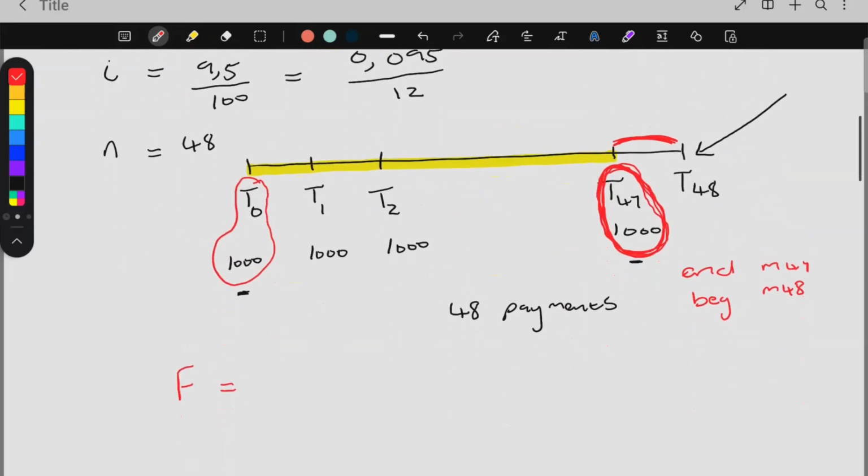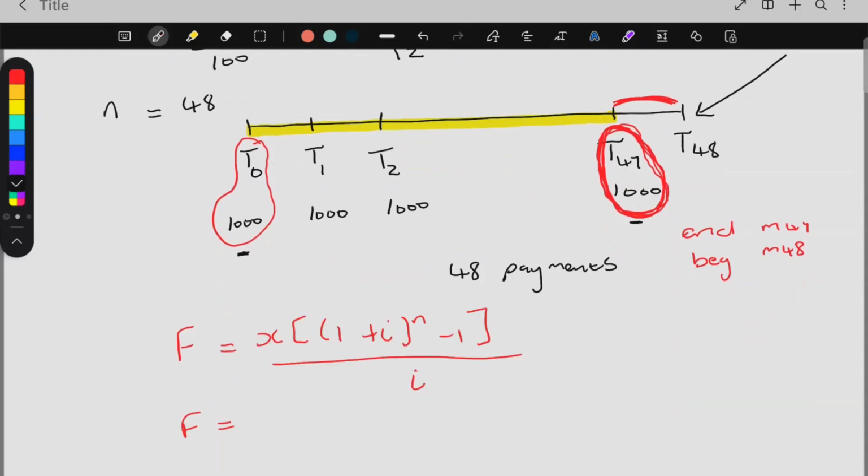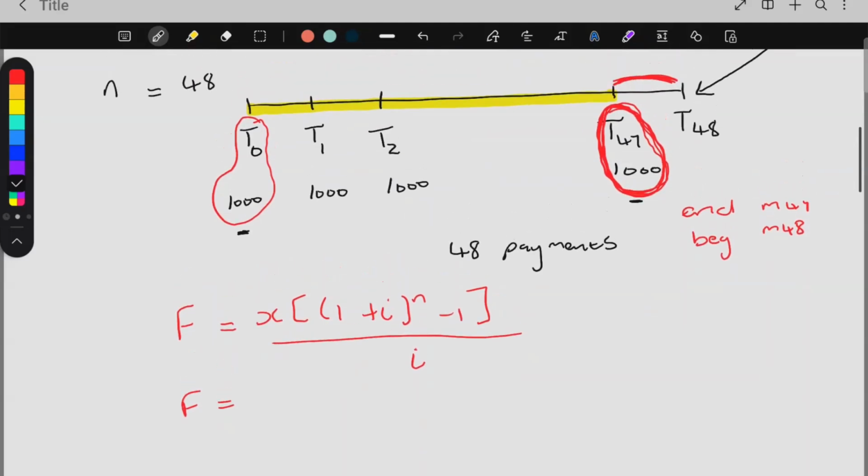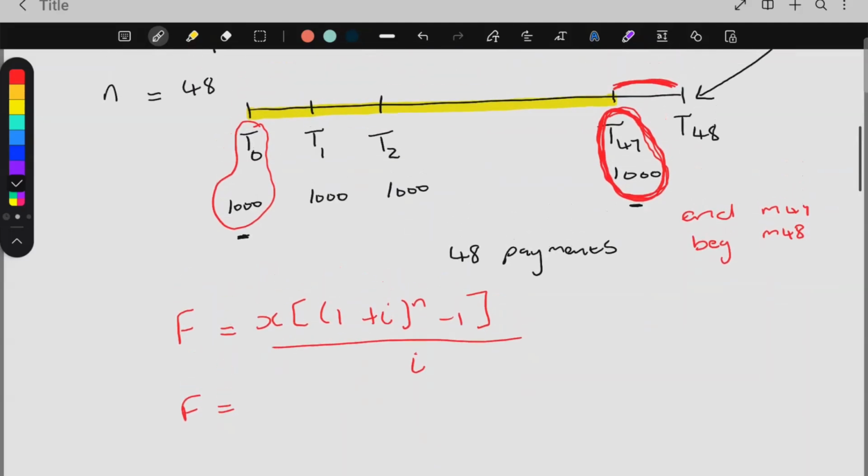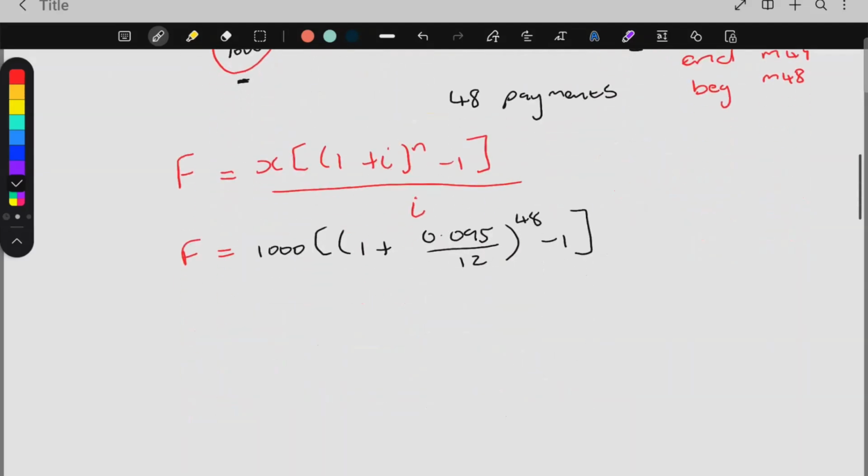Let's write our formula down first. I don't know what F is, but I know my monthly payment is 1,000. My interest is 0,095 compounded monthly. And remember, I said the number of payments is 48, over the same interest.